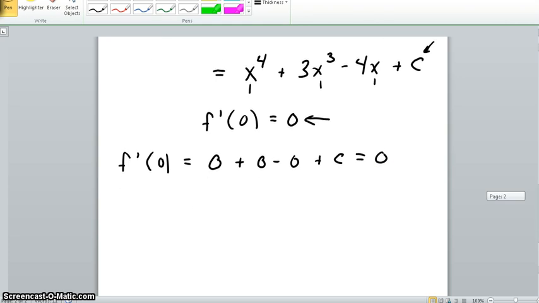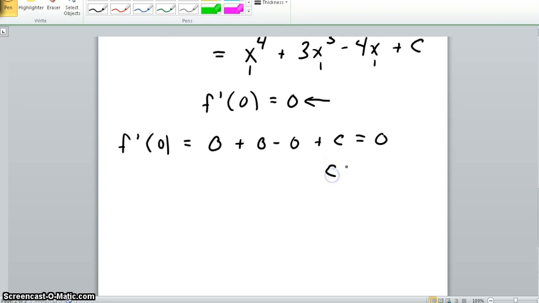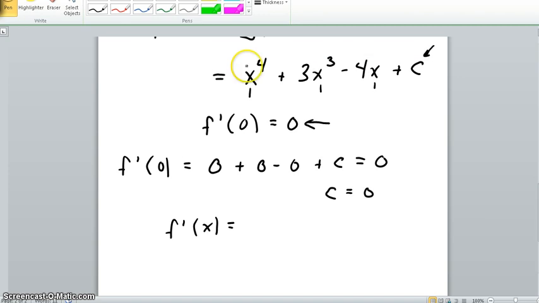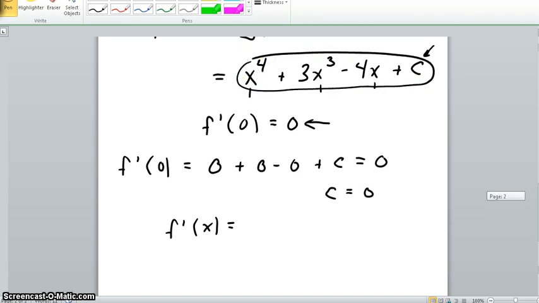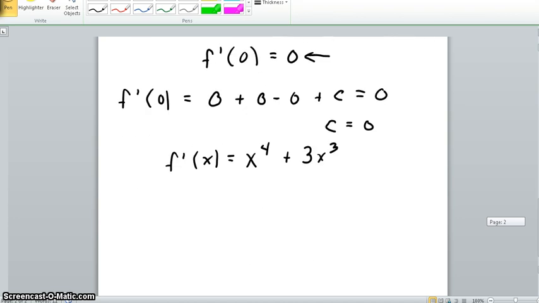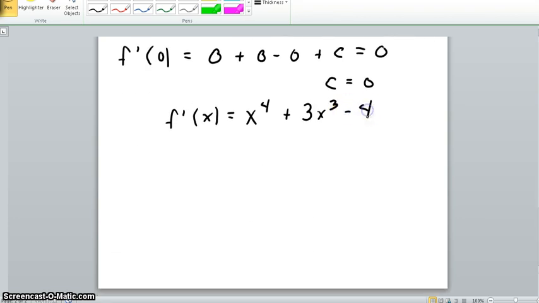And so that tells me that c must also be 0. So that tells me exactly what my first derivative is. It's just the antiderivative that I found, and we now know that c is 0: x to the fourth plus 3x cubed minus 4x.